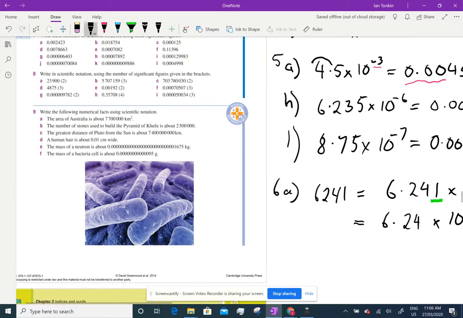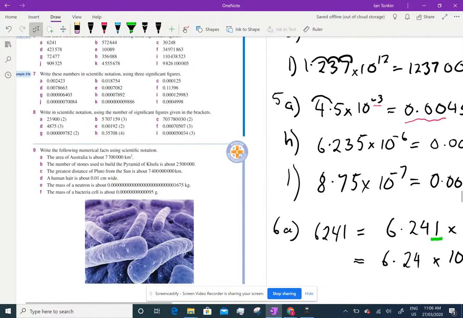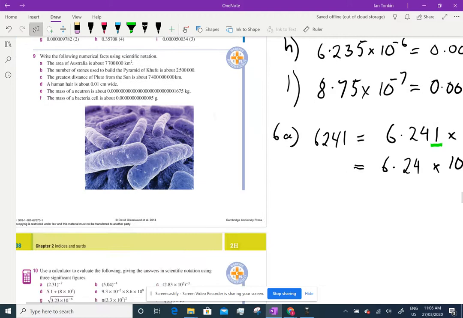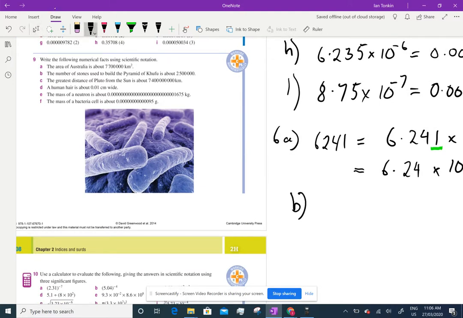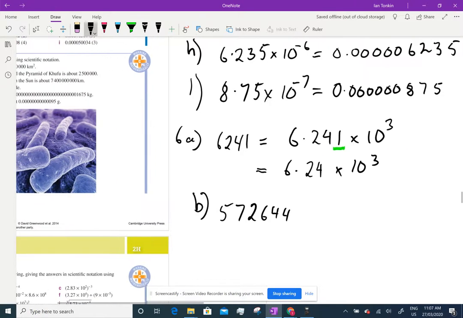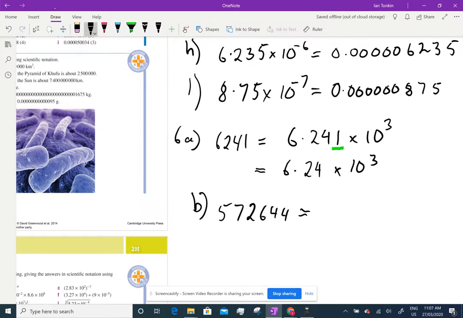Let's find one that's going to round. So if I look at the next one, 572,644. So B, 572,644. Again, write it in scientific notation first. 5.72644. How many times did I move it?